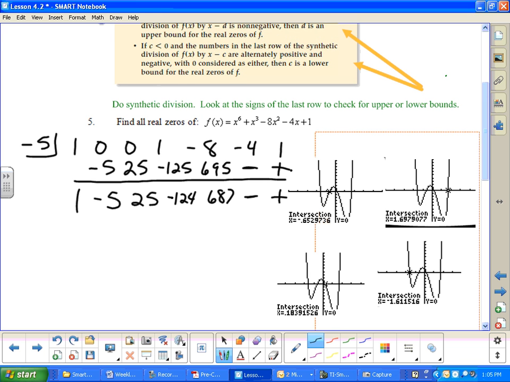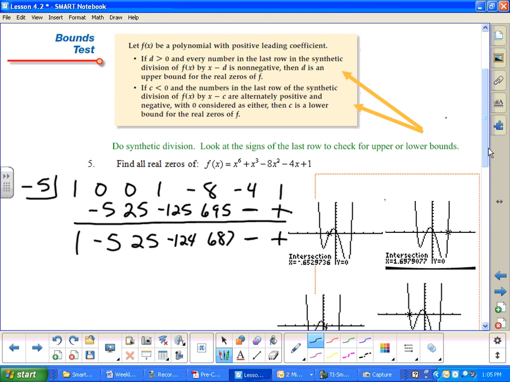That means negative 5 can be used as a lower boundary, so there are no zeros to the left of that. Because these are alternating from positive to negative, there are no zeros below negative 5.